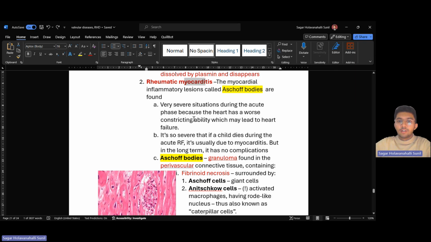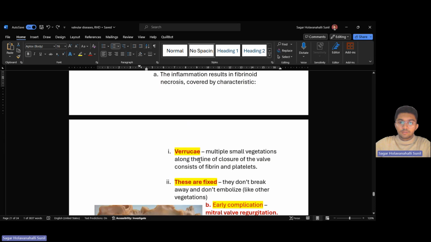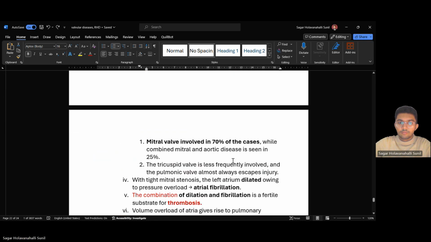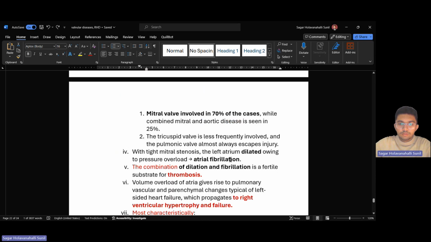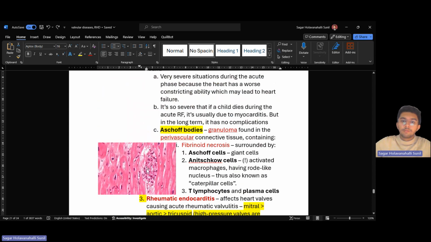Here, if you look at the myocardium, what's going to happen is you're going to have this area over here, which consists of, it's mentioned over here, one second. Where did it go? Anyways, you're going to have lymphocytic cells, macrophages, oh, it's right here, plasma cells, T lymphocytes, and by giant cells, I mean giant macrophagic cells over here.